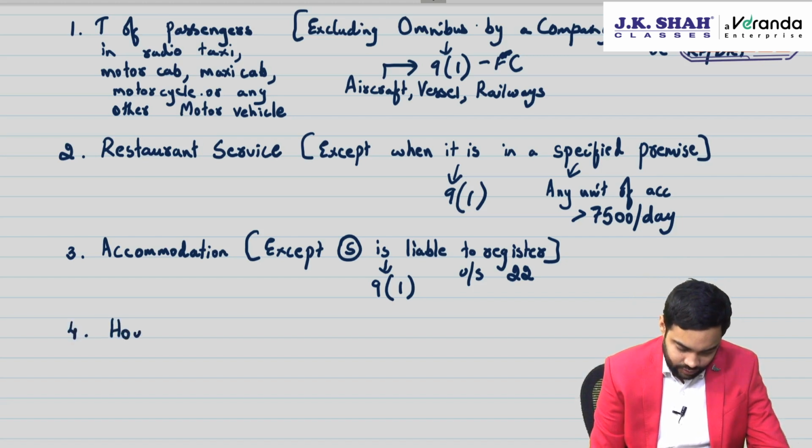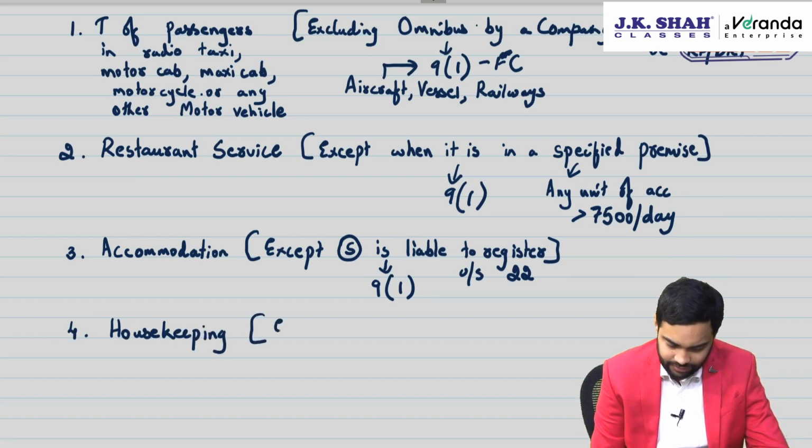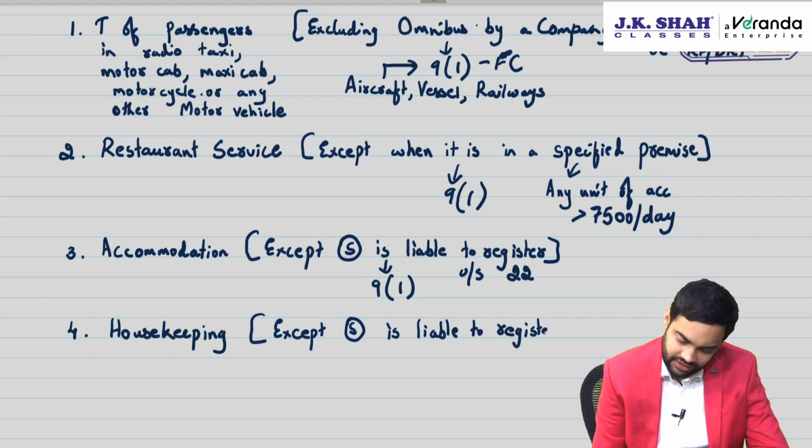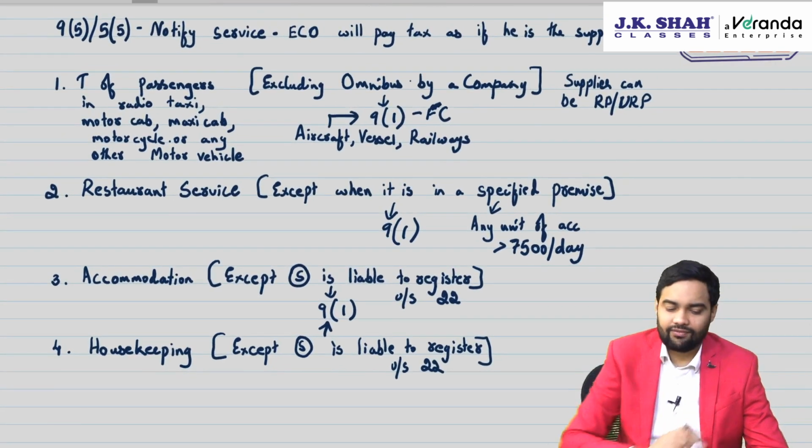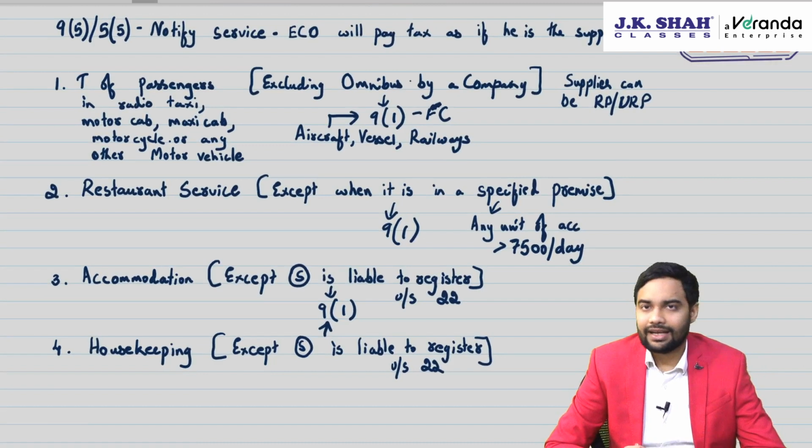Fourth one is housekeeping services. Again the law is similar, except when supplier is liable to register. So in housekeeping and accommodation, generally if the supplier is liable to register, he will be registered, and as he is registered, it will not be a case of 9(5), it will be a case of 9(1).